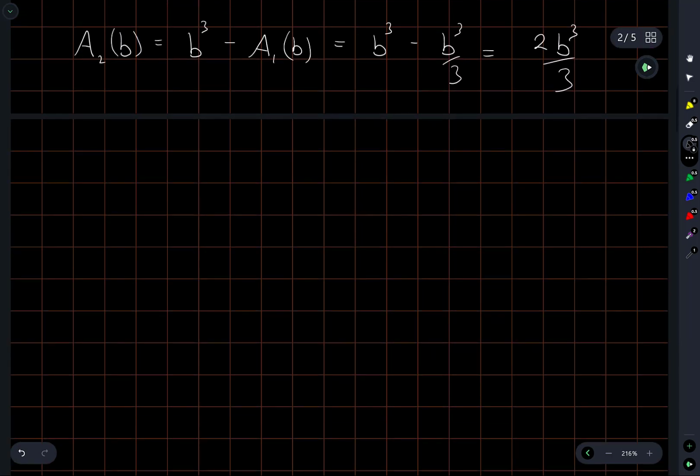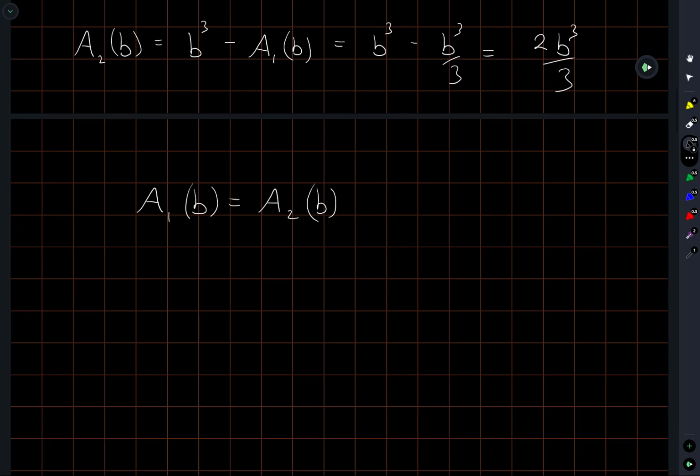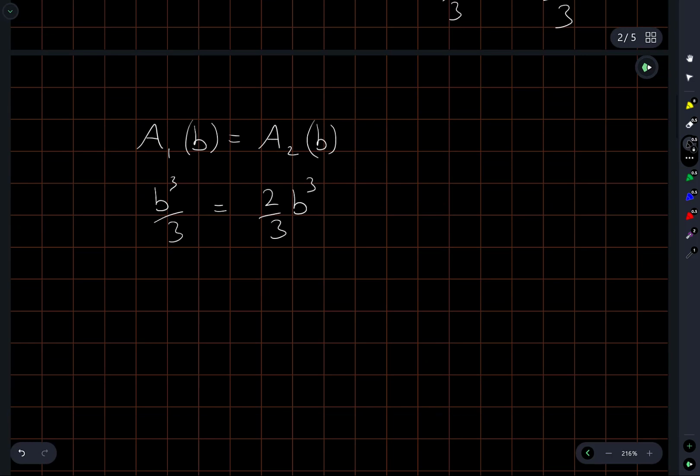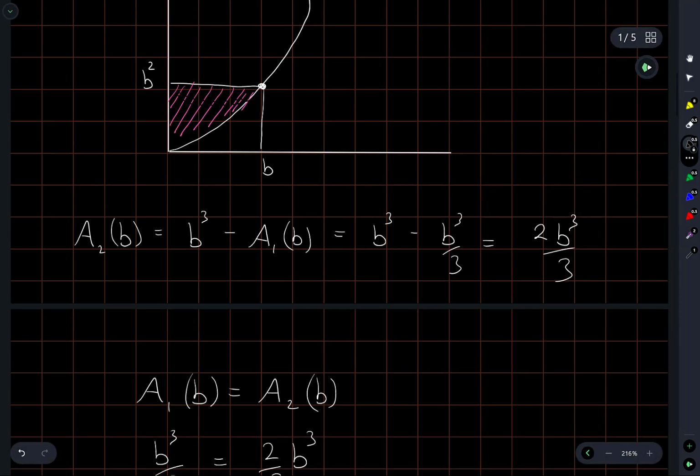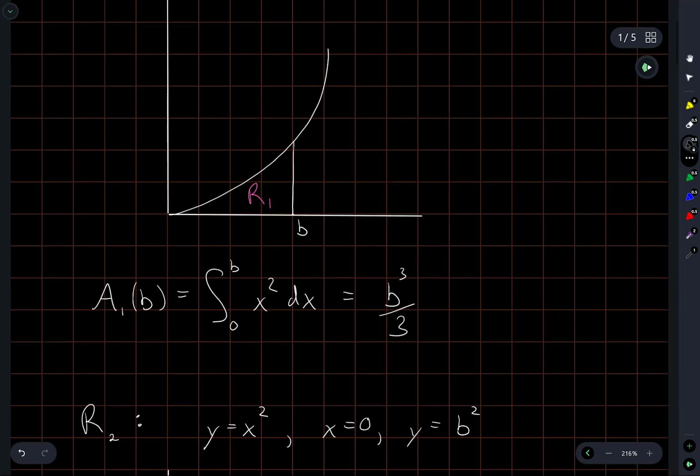The question is asking, are there any values of b for which these are equal? Well, if we set these two things equal, we'll see right away that we're not going to find a value of b which makes them equal. A1 is b cubed over 3, and A2 is 2b cubed over 3. We already have the restriction that b is strictly positive.